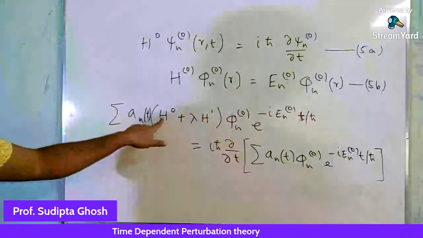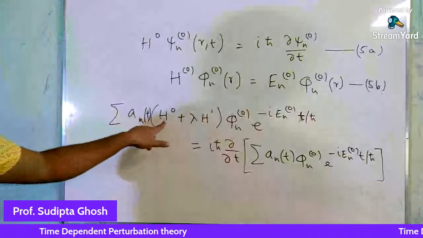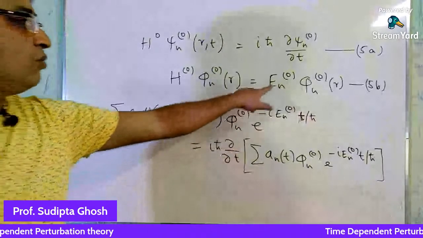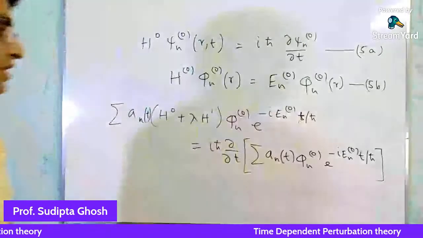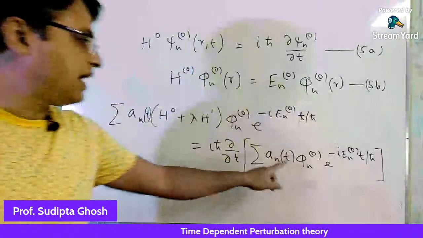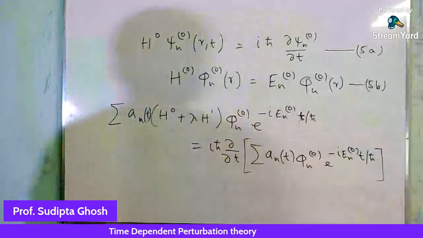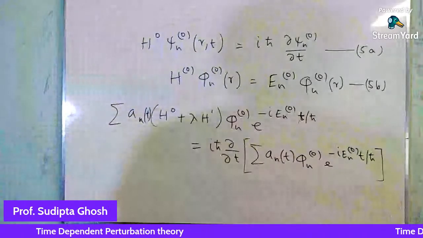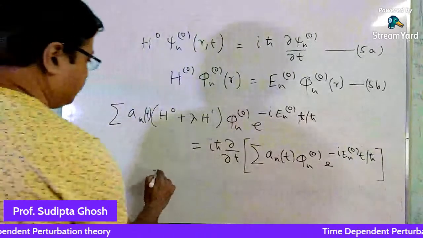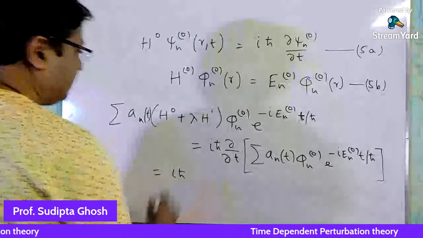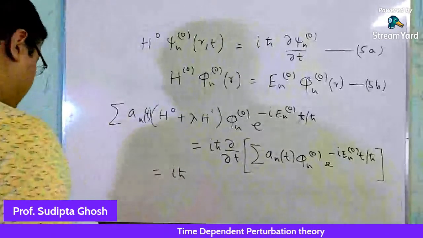After putting that, we get H0 phi n0 equals En0 phi n0, and here in the right hand side, let us differentiate this to get the right hand side.